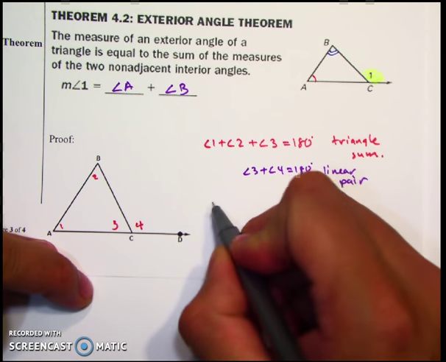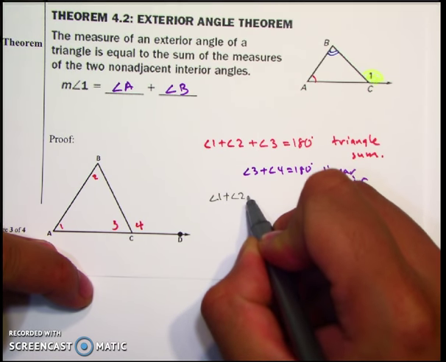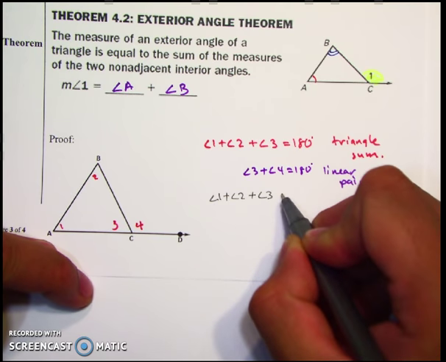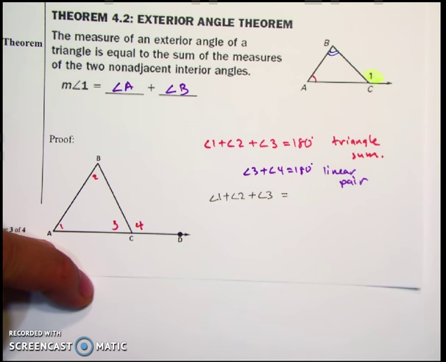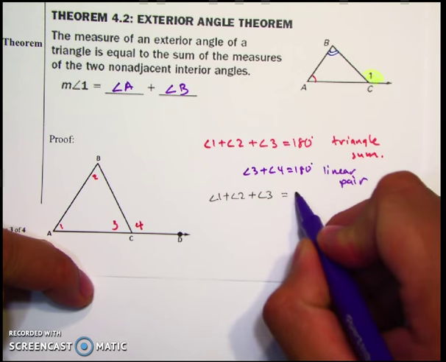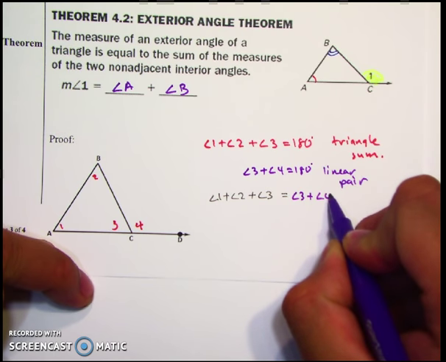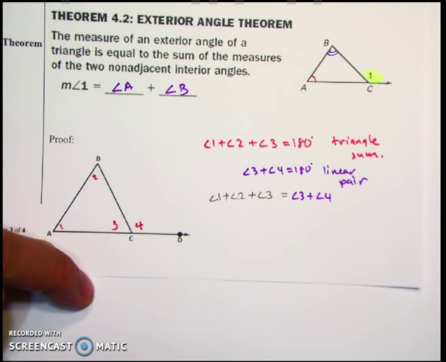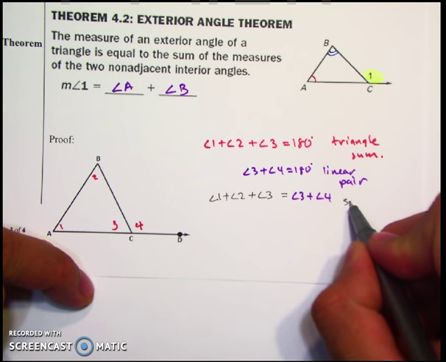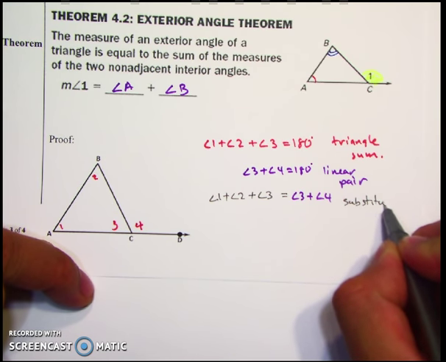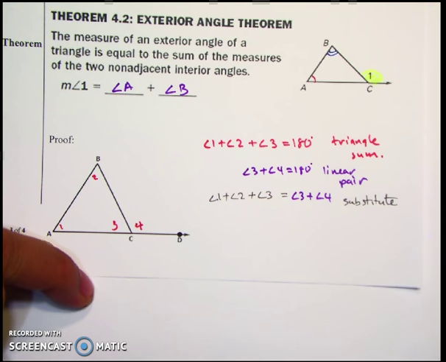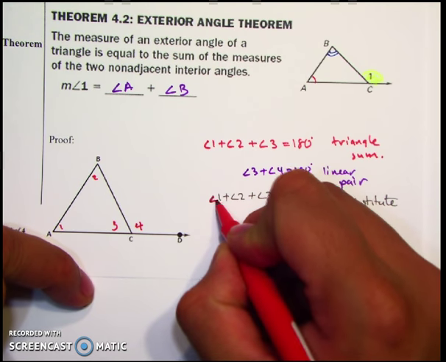So we have angle 1 here plus angle 2 plus angle 3 is equal to this other equation, angle 3 plus angle 4. So right here we just substitute. Okay. Let me go ahead and make this red.